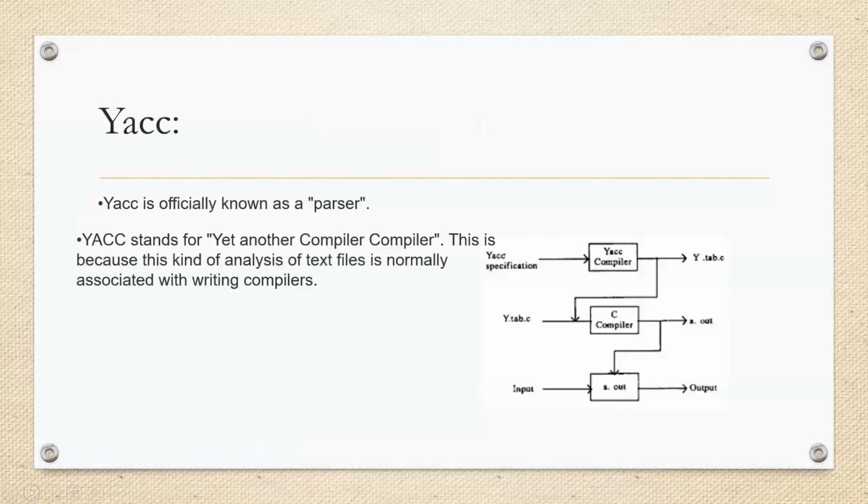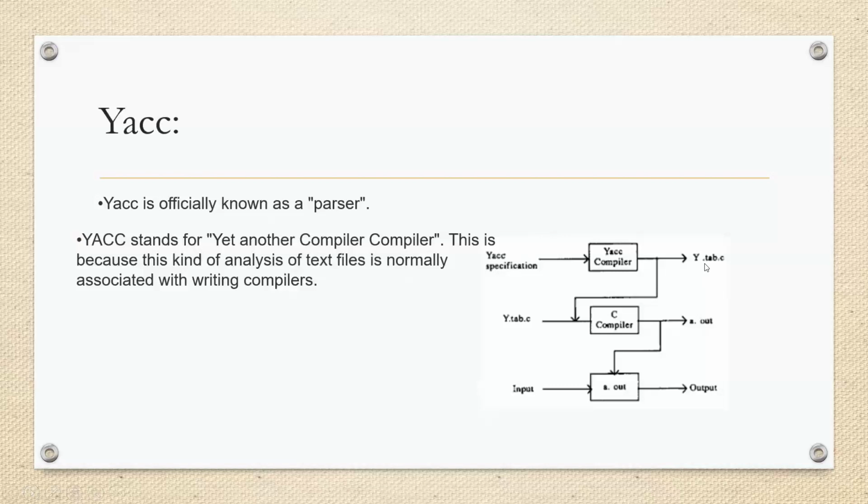So next, let us see what Yacc is. Yacc is officially known as a parser, and the parser output form is the parse tree. Yacc stands for Yet Another Compiler Compiler. This is because this kind of analysis of text files is normally associated with writing compilers. In this diagram, we can see the Yacc specification and Yacc compiler, which gives y.tab.c.